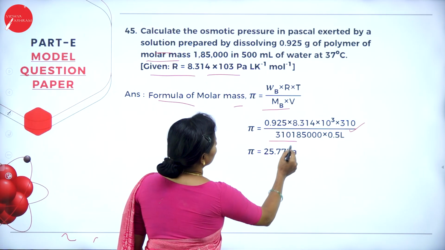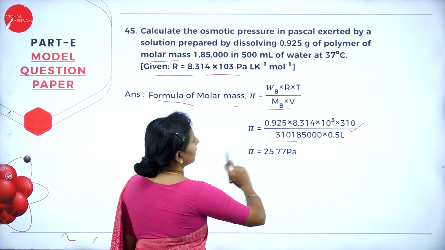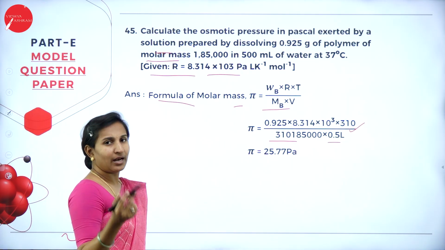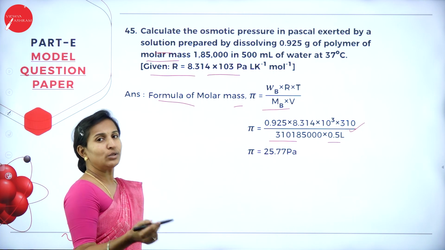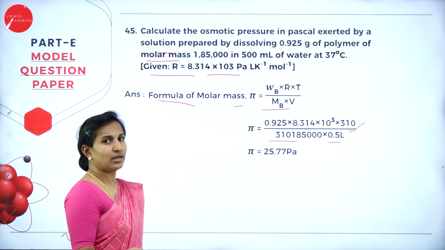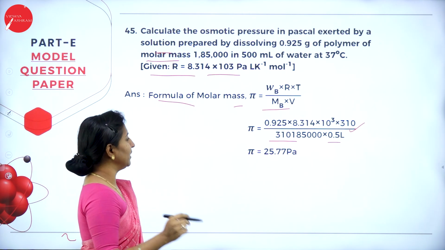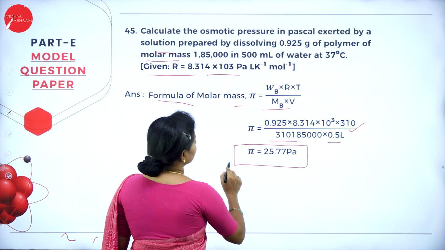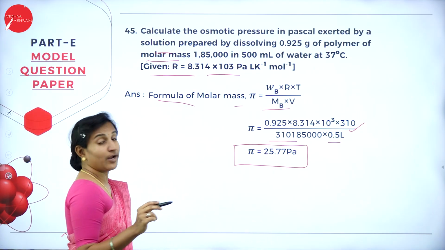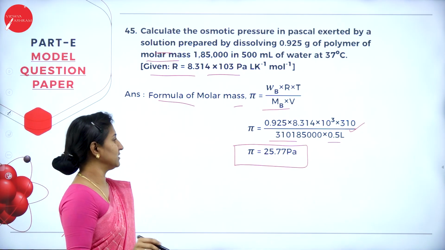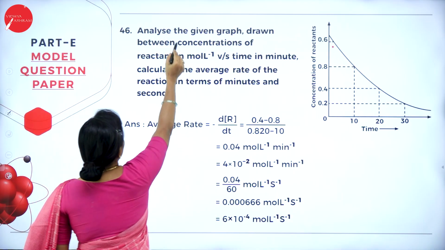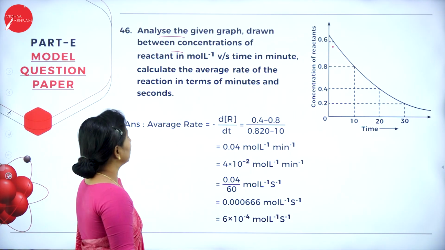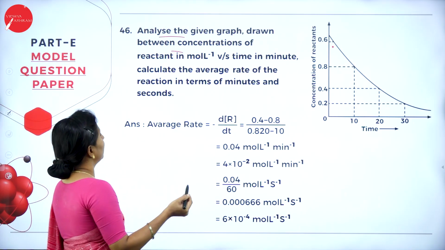And the MB value we have in the data. V value, when converted from 500 milliliter to liter, is 0.5 liter. We get the value of pressure, that is 25.77 Pascal.